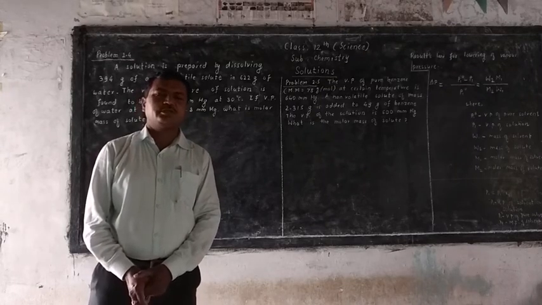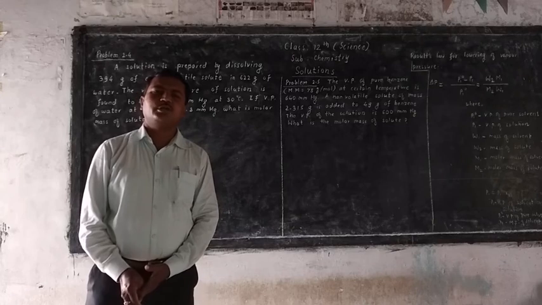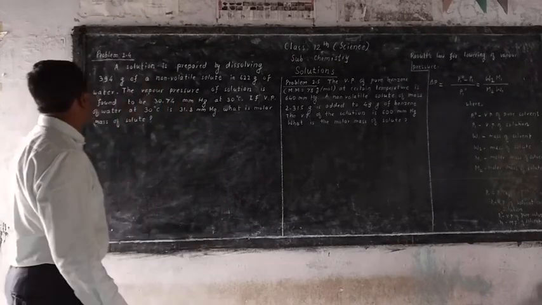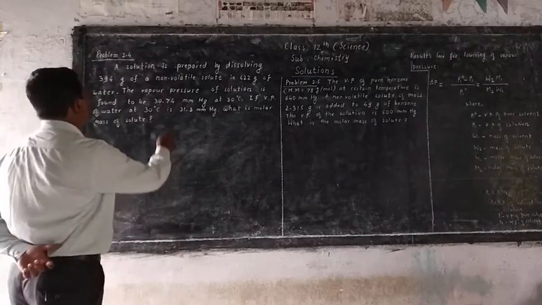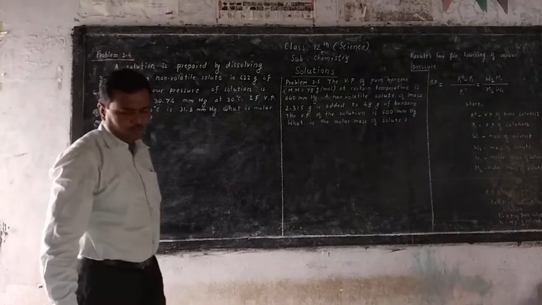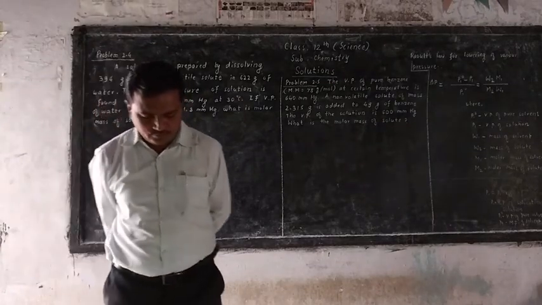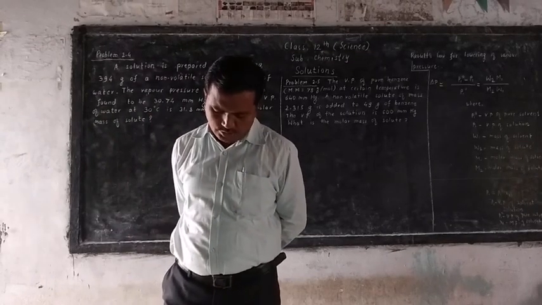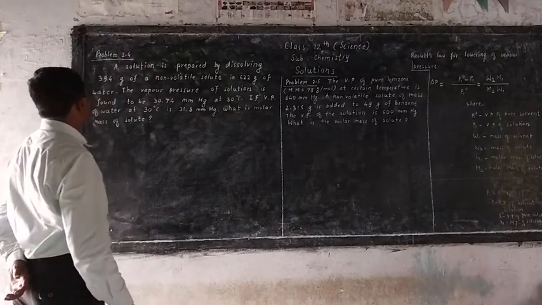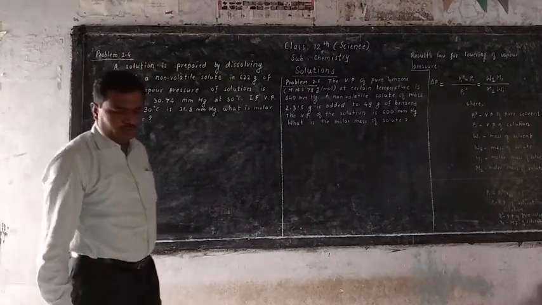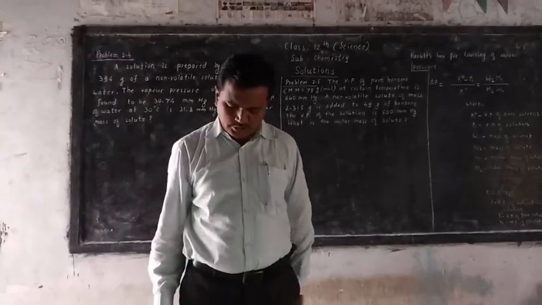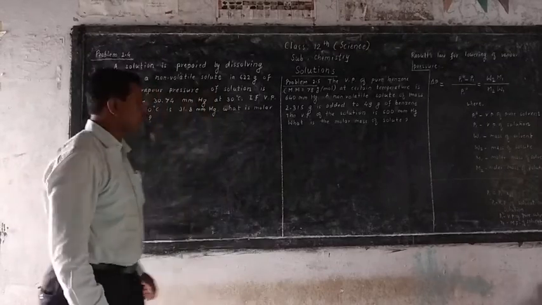So let us see, to collect data from the question. A solution is prepared by dissolving 3.94 gram of non-volatile solute. So this is weight of solute, and weight of solute is always W2.